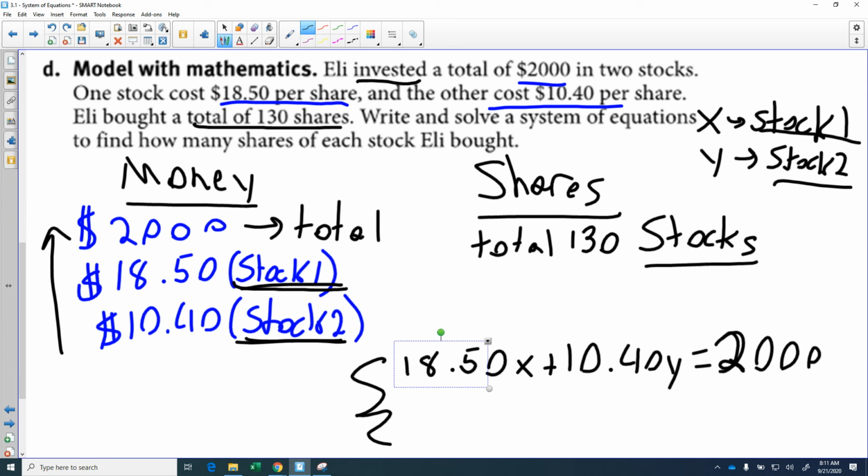Notice how X and Y are both stock one and stock two. Because each of these values are our stock, if we want to find the total, I would just take my two values of stock, which are X and Y, and add them together. Because if I take stock one and stock two and combine them, that should give me my total stocks. So all I have to do here is do X plus Y equals 130.